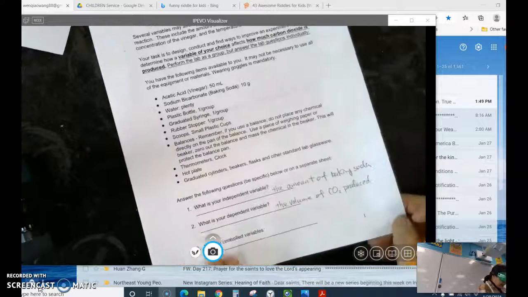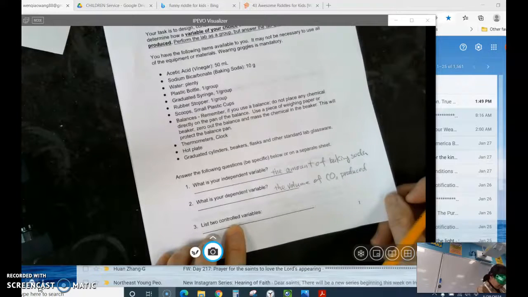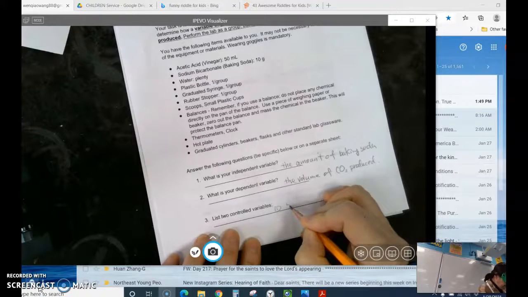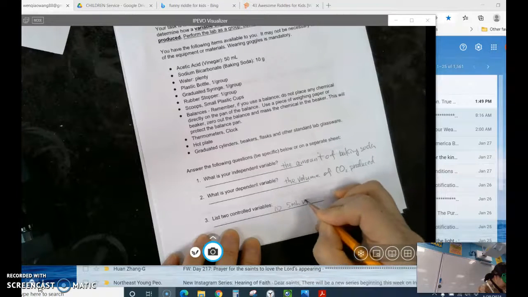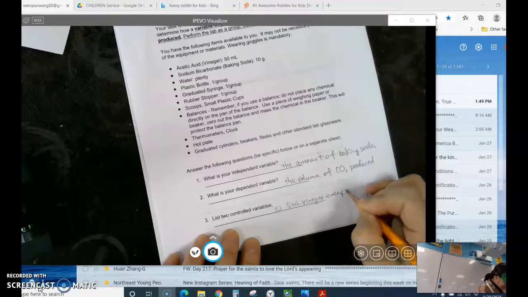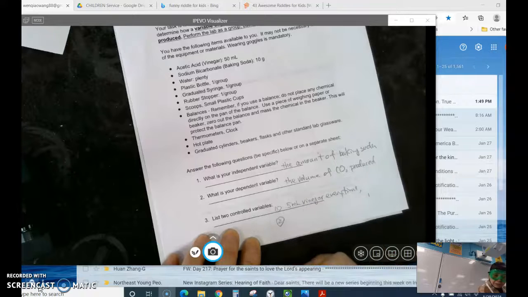Okay. And then, so this part, the two controlled variables I let you think about. The first one I can tell you is I'm going to use 5 milliliters of vinegar every time. And then the second one, you've got to observe the experiment and then figure out on your own.